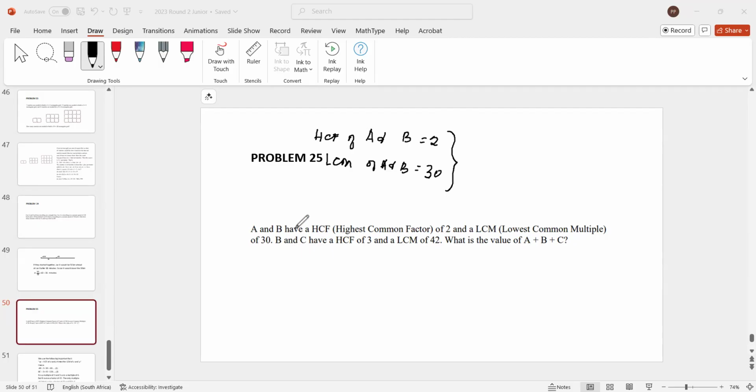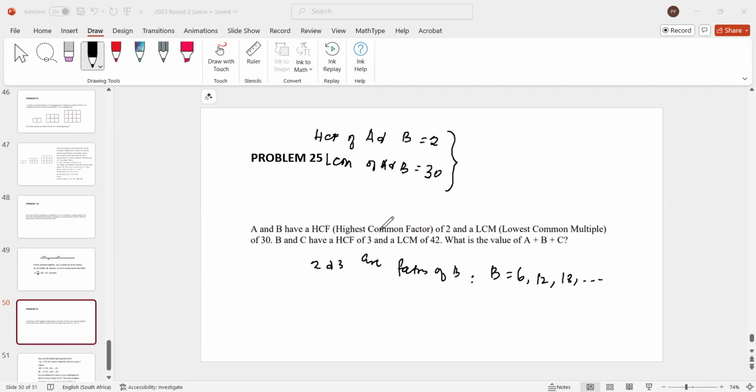So 2 is a factor of B, and 3 is a factor of B also. So which numbers have that property? B could be 6, or any multiple of 6: 12, 18, and so on.